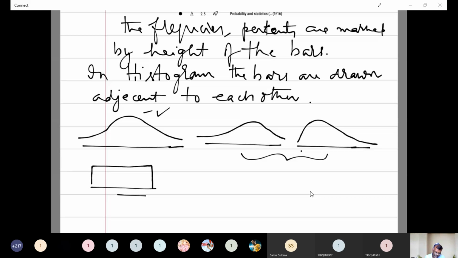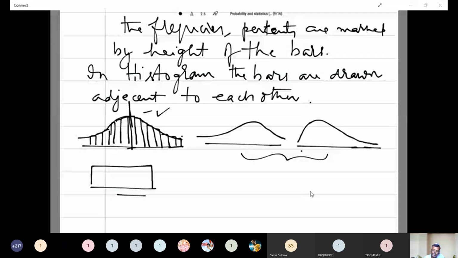When you draw these, these are the histograms. This is known as the symmetric histogram.